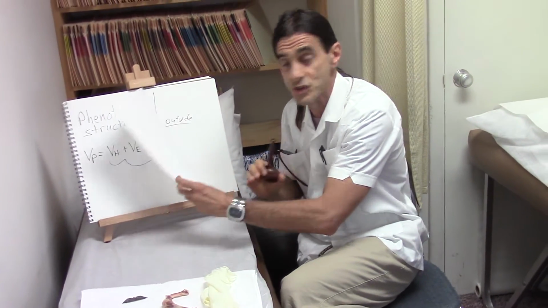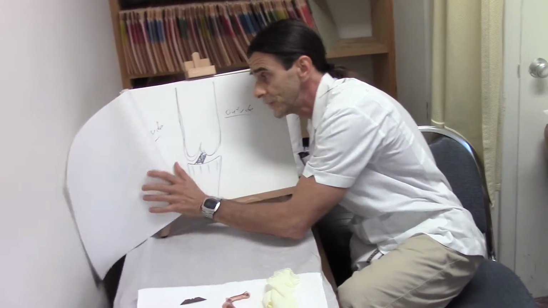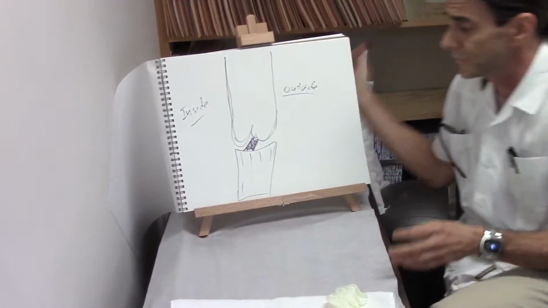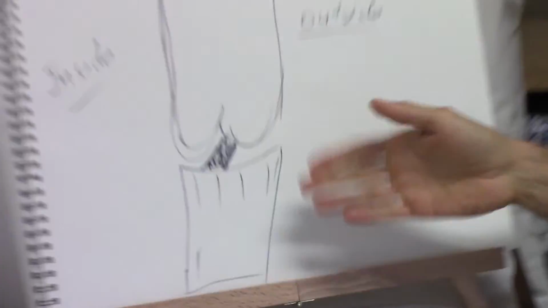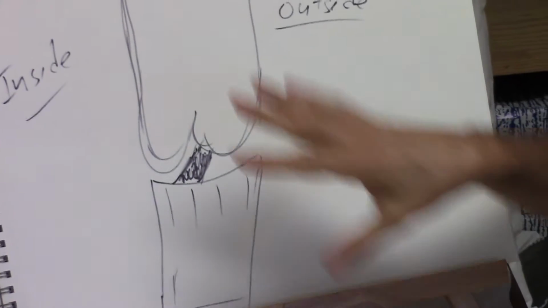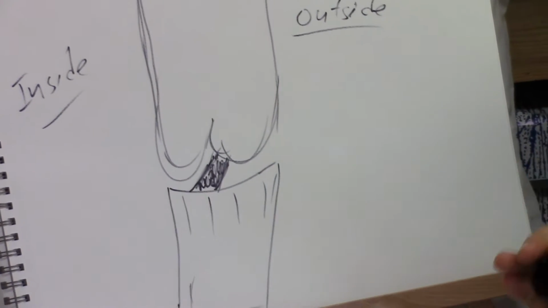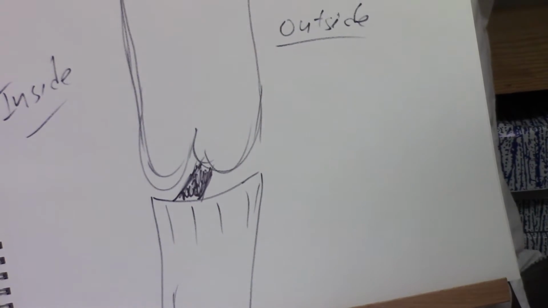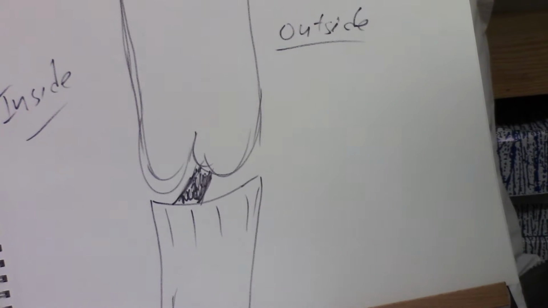But I want to go through real quickly just the anatomy so you get an idea where the anterior cruciate ligament is. This is a very simplistic representation of the knee. It's not accurate anatomically, but the most important part of this picture is the orientation of the anterior cruciate ligament, which you need to understand.